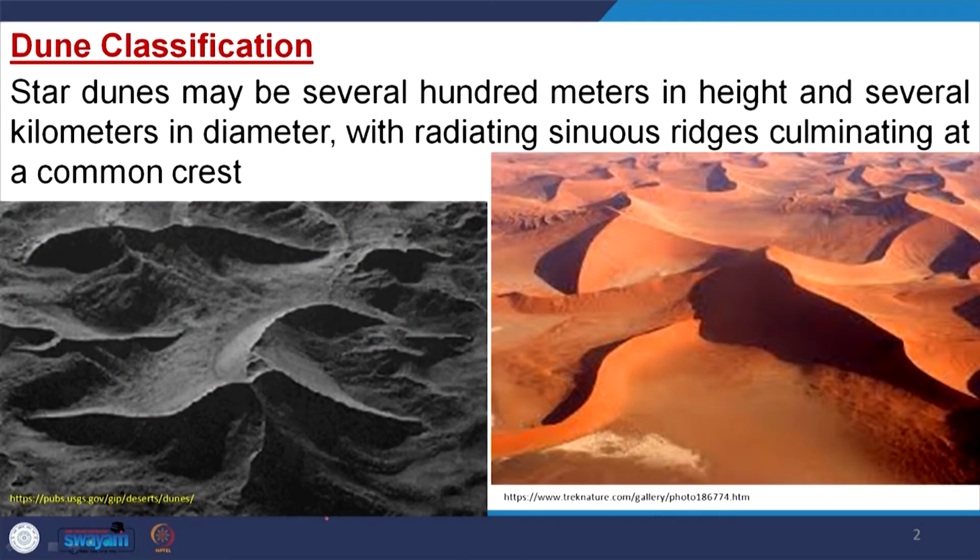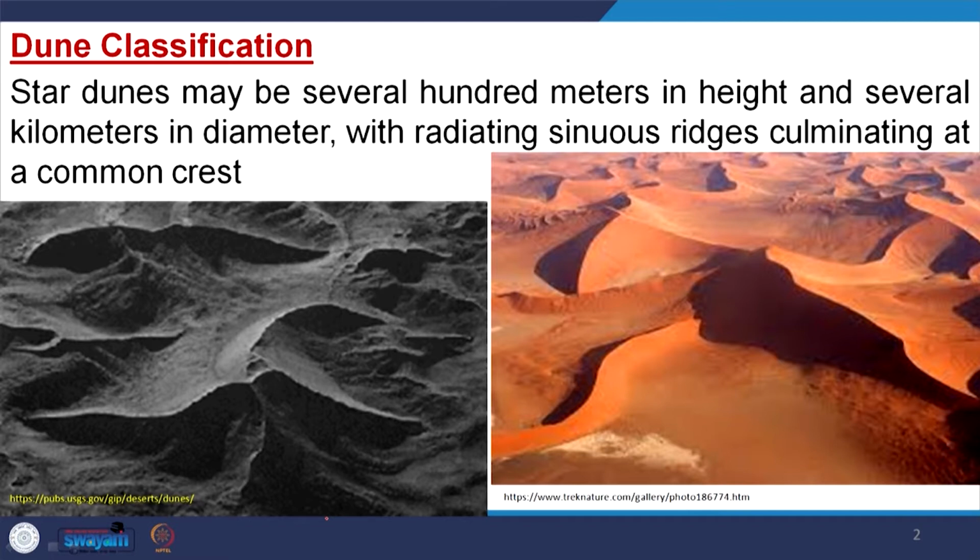First of all, in dune classification, we will deal with the star dunes. If you see these two photographs, the surface appearance looks like a star. That means it is radiating in all directions from a center point, and the radiating ridges are sharp and long, indicating the wind direction.